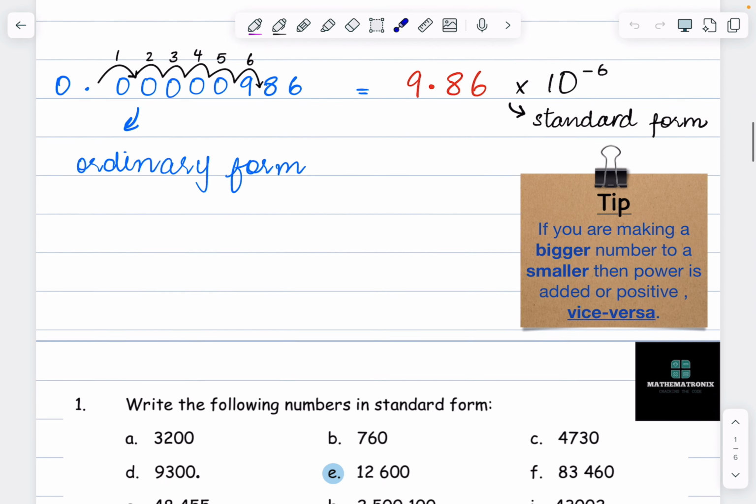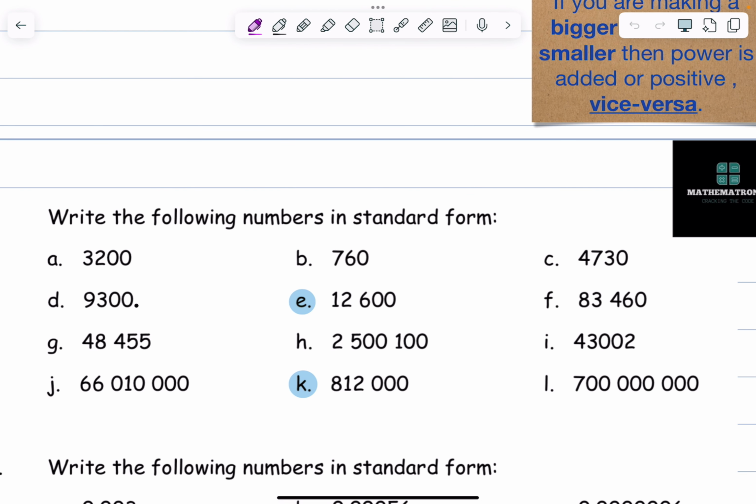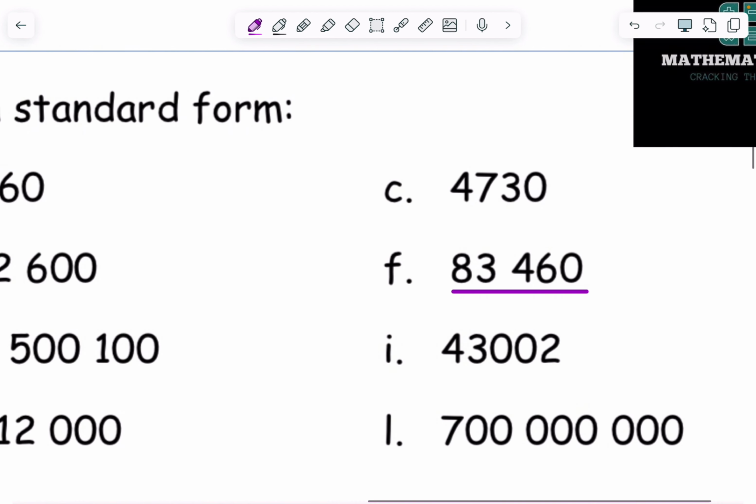Do you want to try one? Okay, let's try one together first, quickly. Which one should I do with you? Let me think. Okay, I think I'm going to do this one with you, this F part. Now the decimal is at the very end, which means the decimal is right here, because there's no decimal, it's at the very end. I'm going to move it in such a way that only one number remains before the decimal.